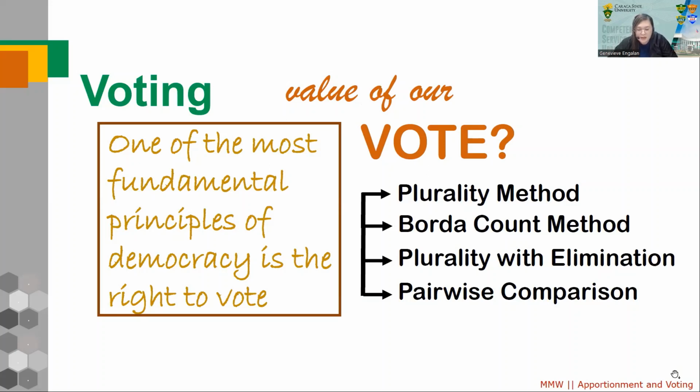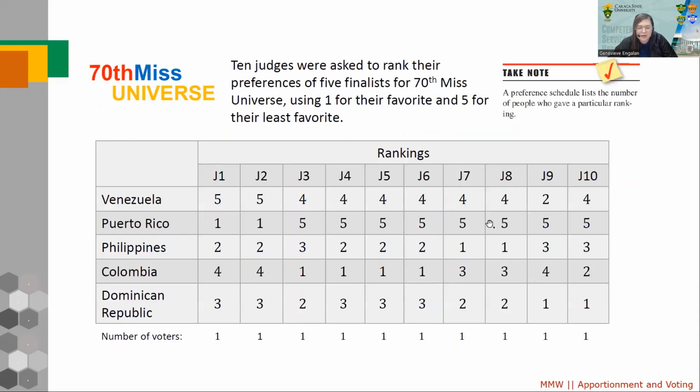Okay. And pairwise comparison. So, suppose naay Miss Universe na. No? Tapos, naa tay 10 ka judges. Ilang girls ang top 5? Okay, top 5 sa Miss Universe. Una si judge number 1, judge number 2, number 3, hangtod 10.